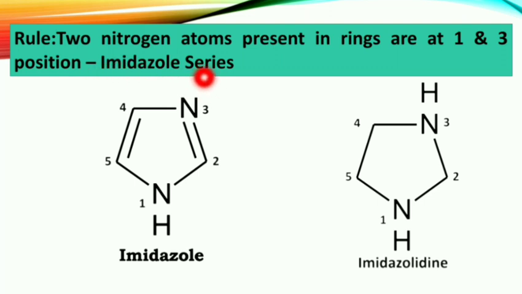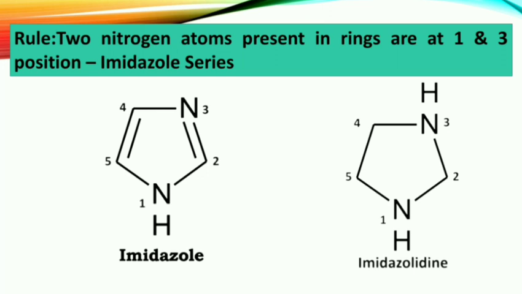See the structure. You have to give the numbering for this structure, so if you give the preference to this nitrogen, the numbering can be done this way. The other nitrogen is on the third position, and the rule says that if these two nitrogens are present in the structure at positions 1 and 3, then the compound belongs to the imidazole series.